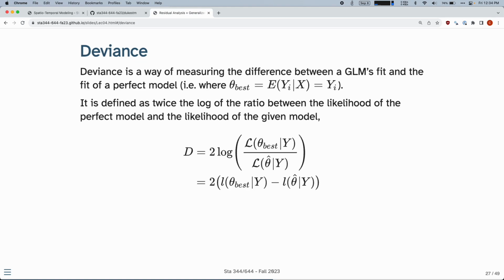My deviance is going to be similar, not quite, to basically the square of the Pearson's residual.